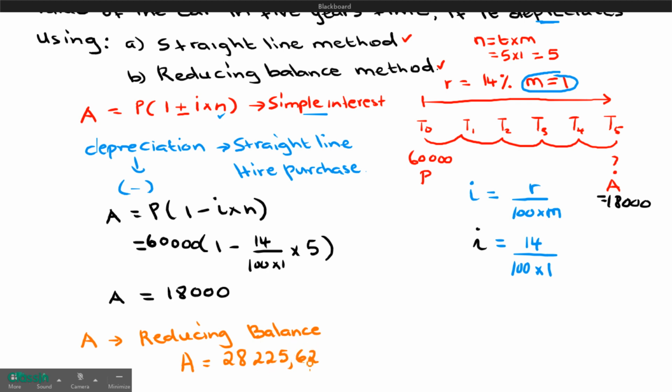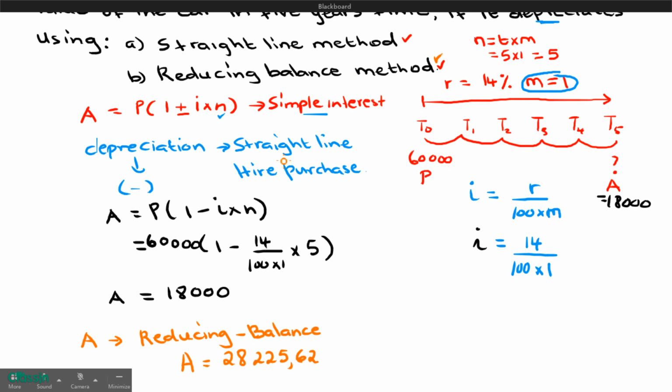Check if you get the very same amount using the reducing balance method. And if you get the same value, it means that you are on the right track. So finish up the reducing balance because we have learned about it.